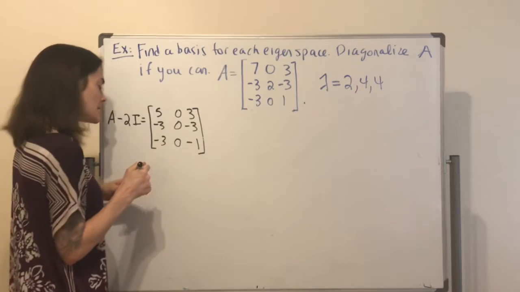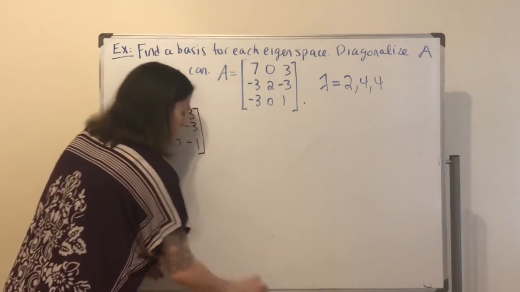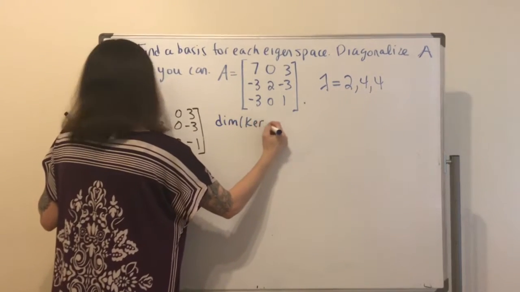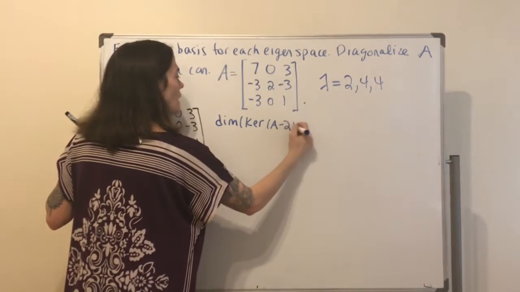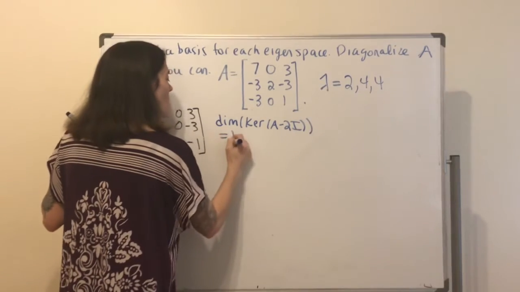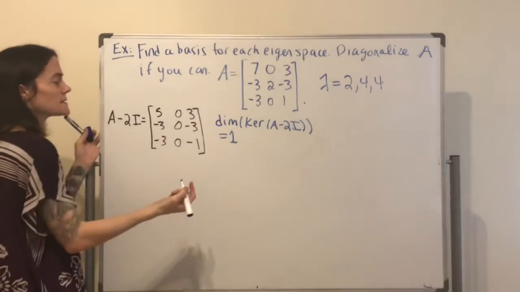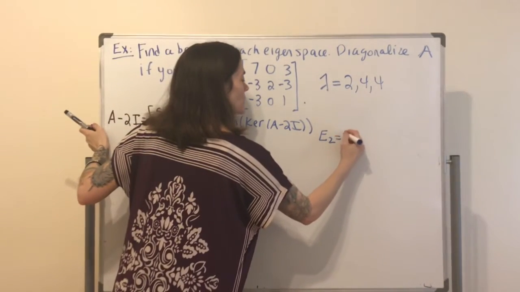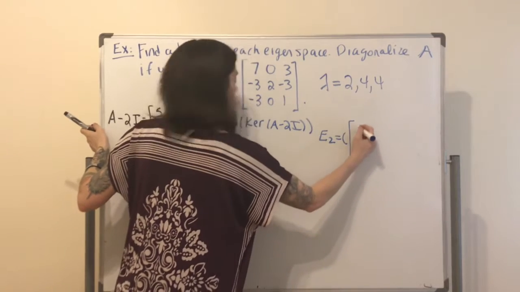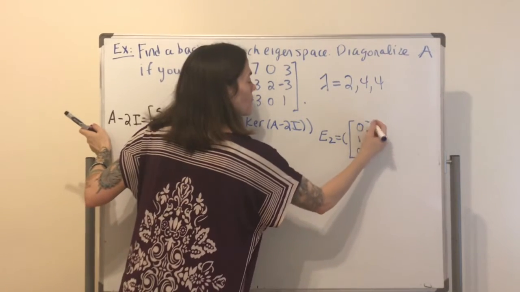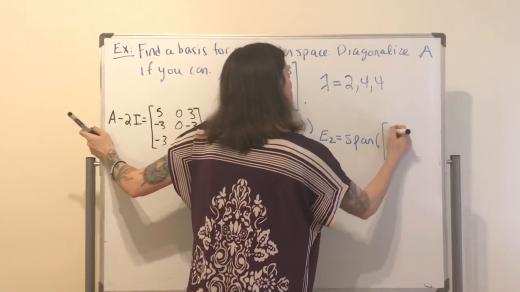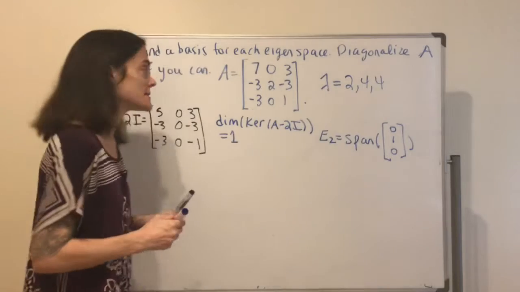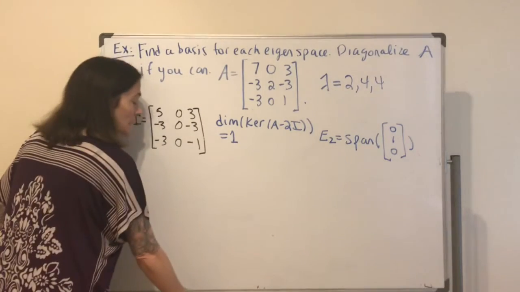And that means the dimension of the kernel of this A minus 2I will be 1. And you can glance at this and find one non-zero vector easily in the kernel. Here. Oh, span. So I found a basis for this eigenspace, and now I have one more eigenspace.